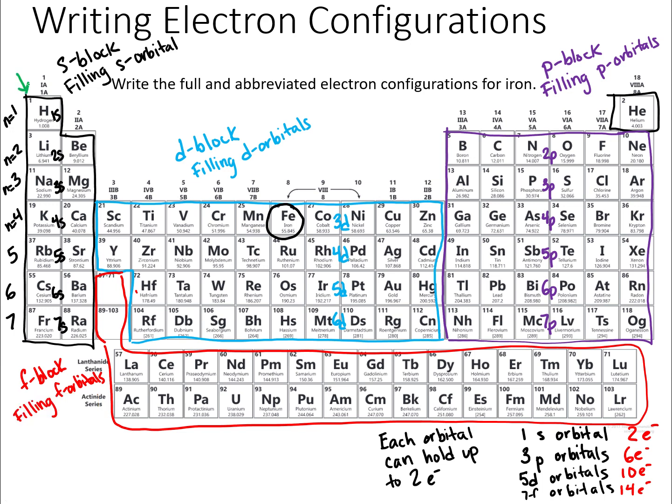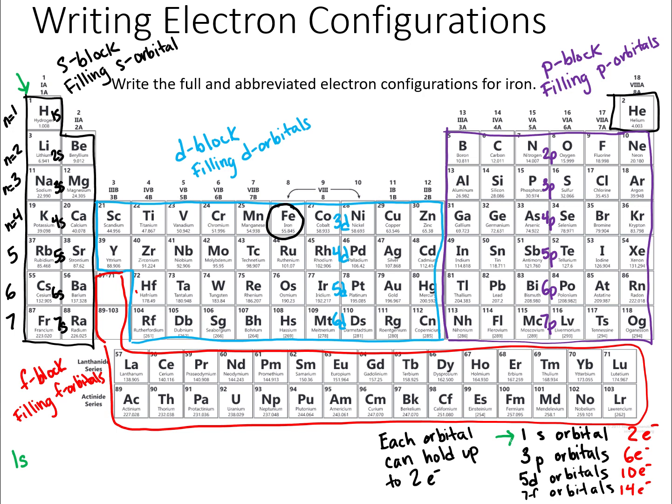You always start with the lowest energy sublevel, which is 1s. How many electrons can fit in the 1s sublevel? Giving you a hint here.